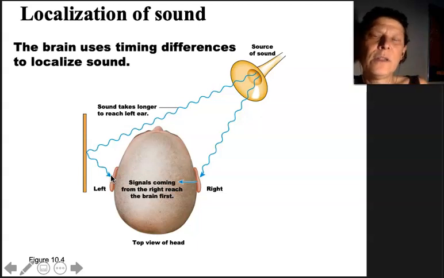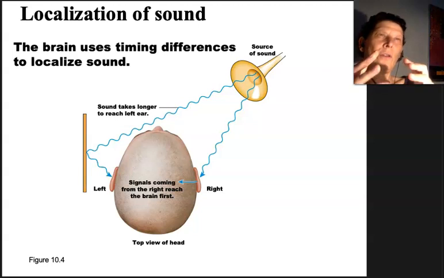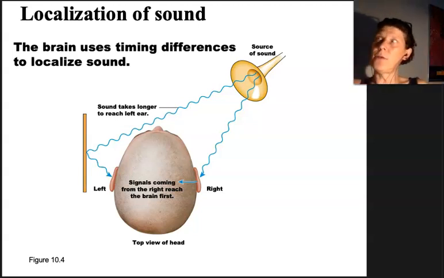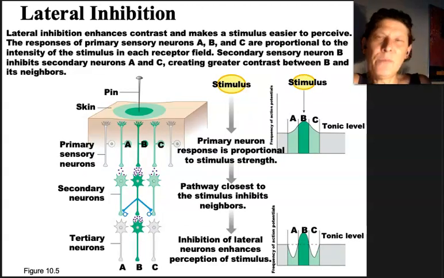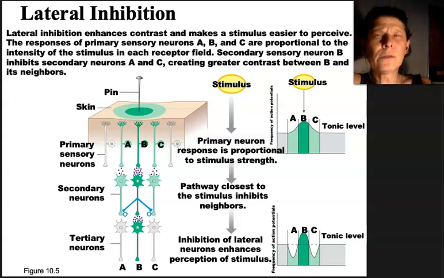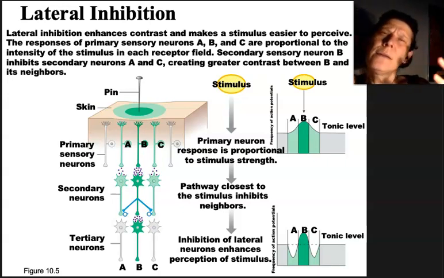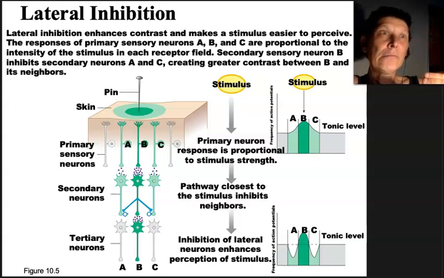That time difference allows the brain to localize the sound, so you know it's coming from the right side rather than the left. Kind of fascinating. I've mentioned lateral inhibition. Lateral inhibition enhances the contrast and makes a stimulus easier to perceive.